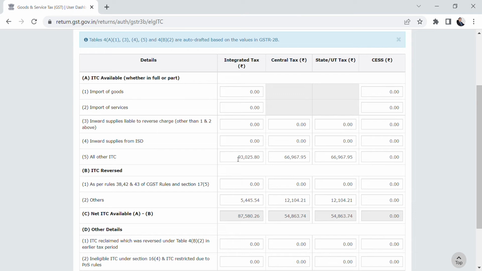This amount basically includes the blocked credit also, but it does not include two types of credit. The first is where the limit to avail ITC has already expired. We have to take ITC, for example, for the financial year 21-22, up to the 30th of November 2022.